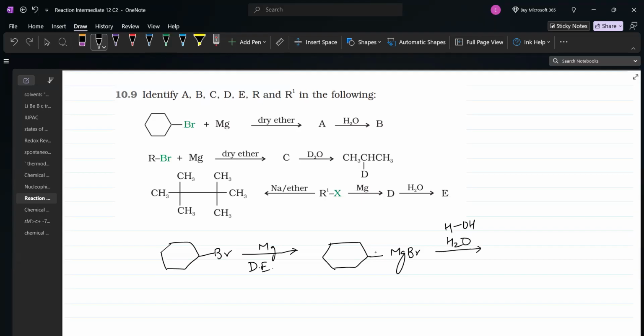Sir, I got this one as a benzene ring. One is MgBr and the other one, connected to the first, is OH.